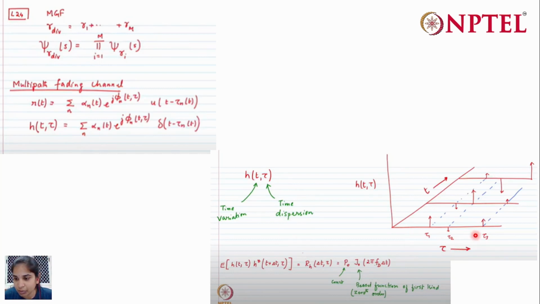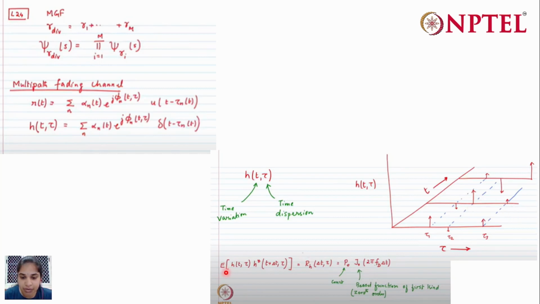Imagine that at the same time t, we will have multiple taus: tau 1, tau 2, tau 3, etc.